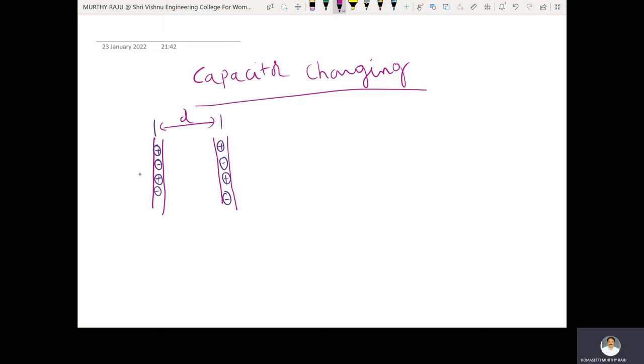The capacitance of this parallel plate capacitor is C. Some dielectric is present in between these two metal plates.